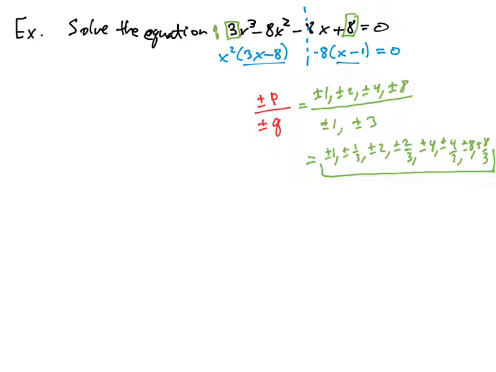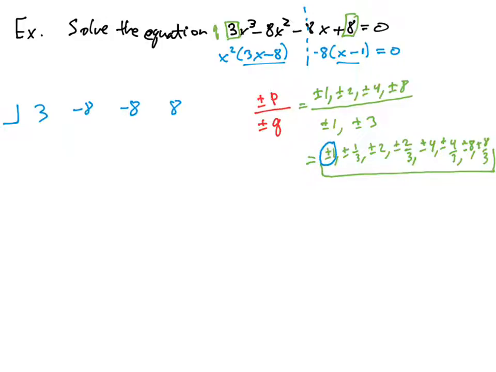All right, so let's just start testing. So 3, -8, -8, and 8. Now, when you're going through this process, a couple things can help narrow it down for us. You probably want to test all the integers first, as mentioned.